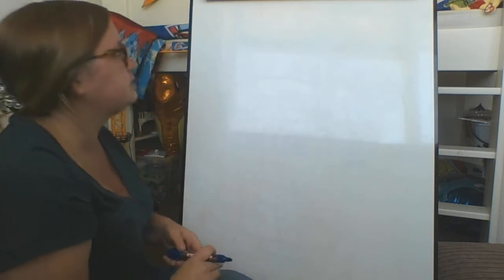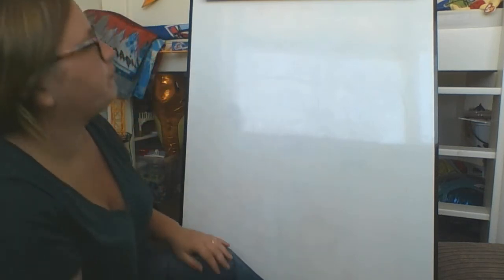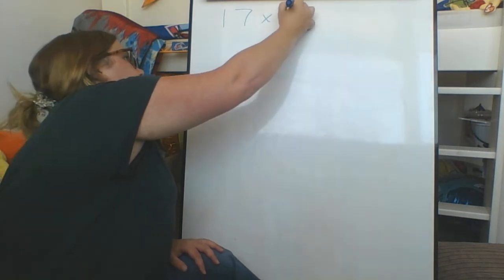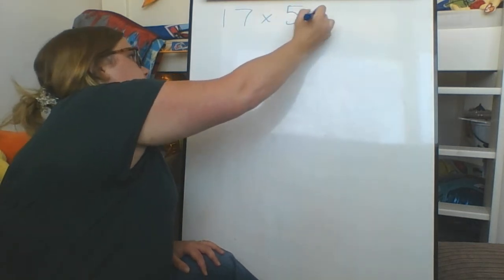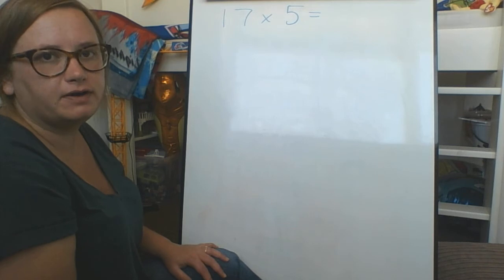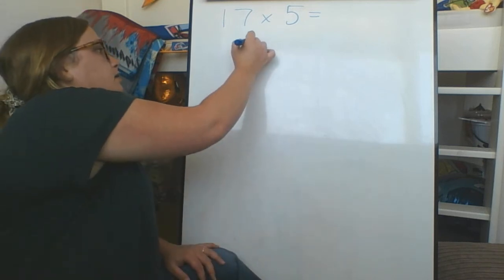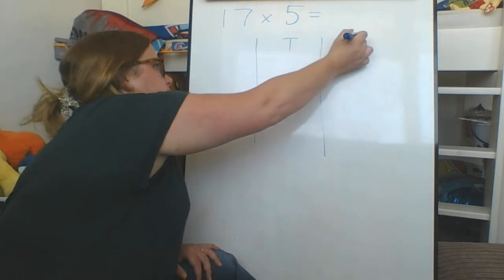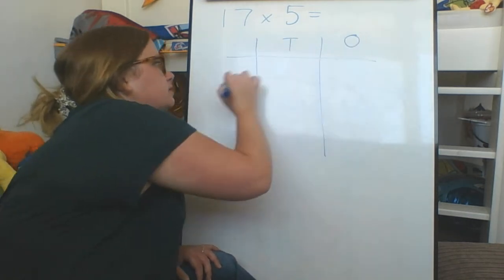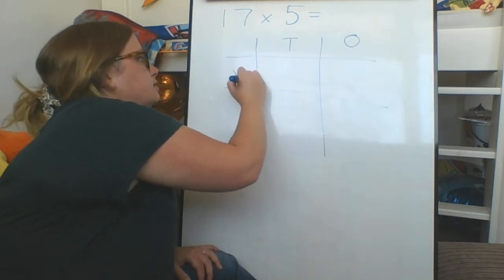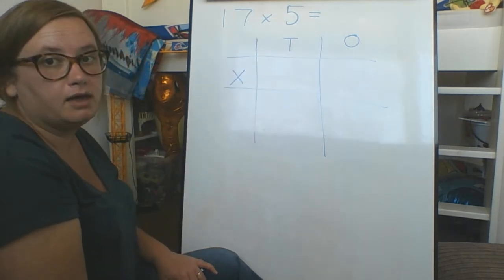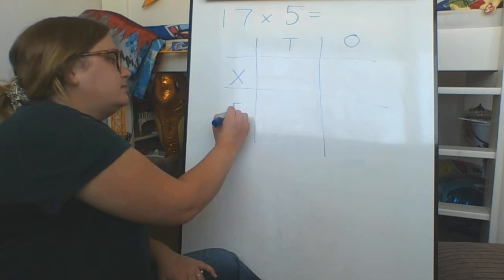Okay, let's have this time. 17 times 5. My tens, my ones. Times by 5, the 1-digit number.